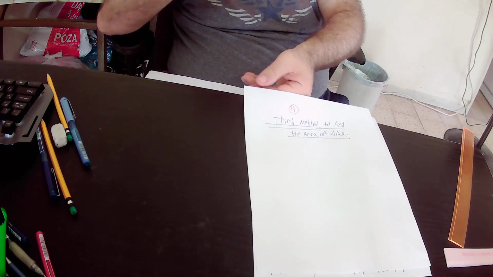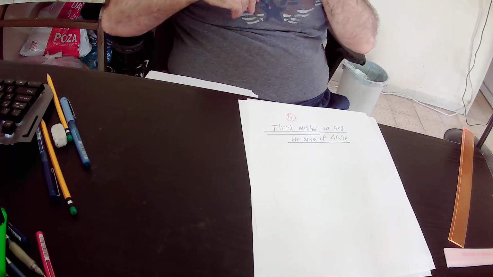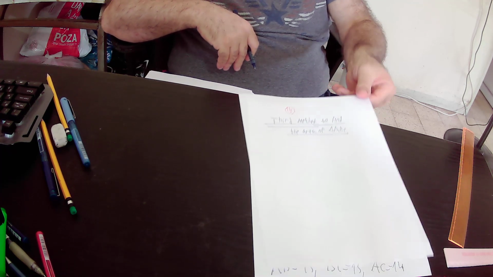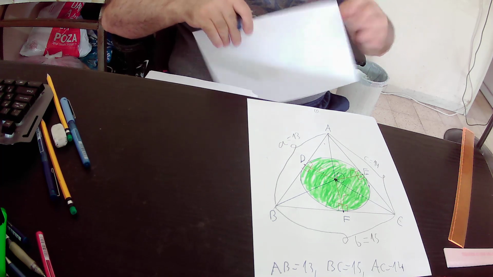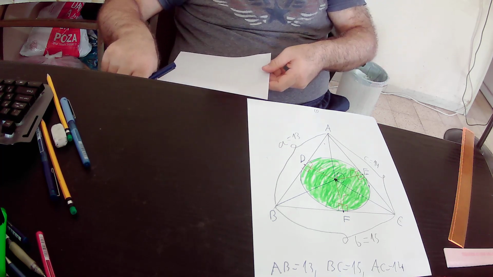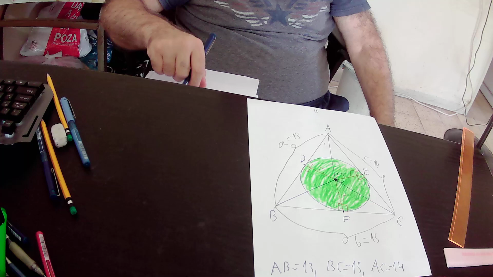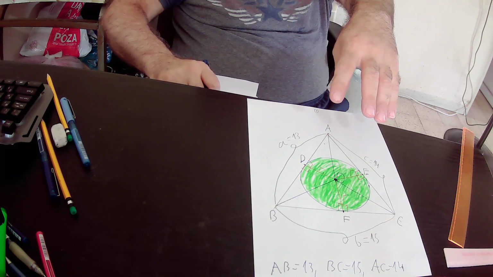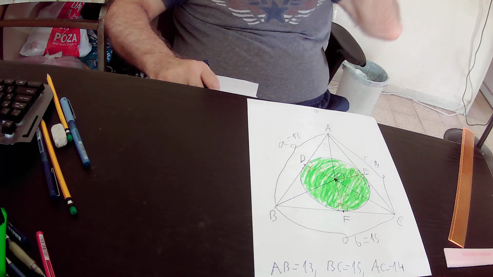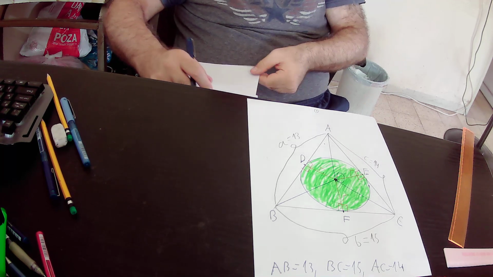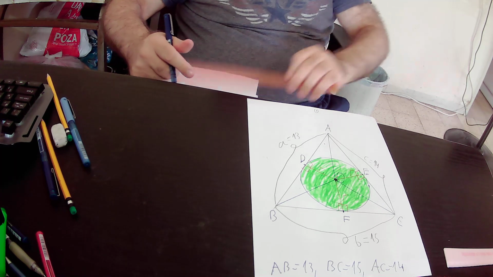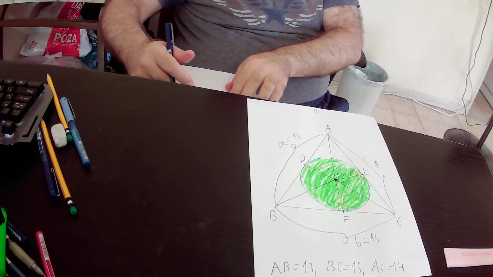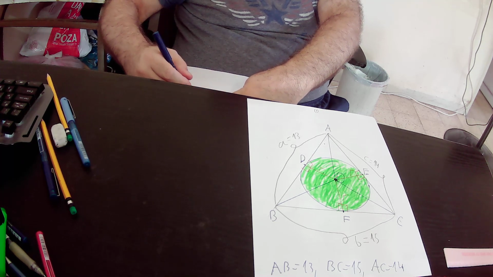Again, I will show you a third method to find out the area of triangle ABC. So actually, in this method, we will divide triangle ABC into two right triangles. The first triangle will be the following right triangle.